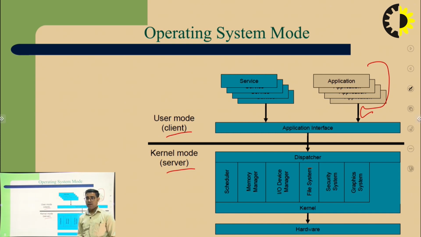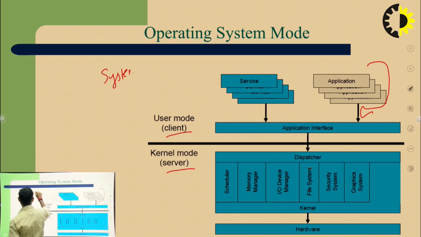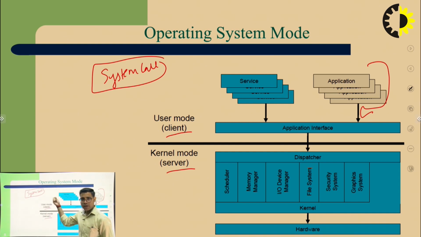If a user request comes from the user mode, then it goes through the system call, here is the term, the system calls. Through the system call, the user request comes from user mode to the kernel mode.